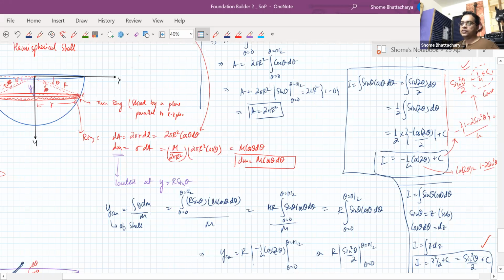Whichever of the two forms you substitute the limits in, the answer will come out to be the same. In fact, the answer will come out to be R by 2. So interestingly, a hemispherical shell has its center of mass right at the midpoint of that symmetry axis, between the circumference and the center of the face, or the center of curvature. It's right at the midpoint.